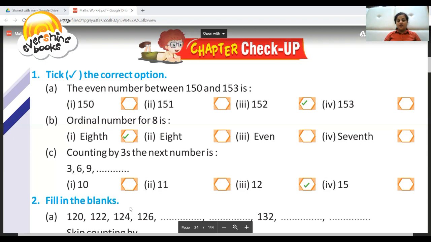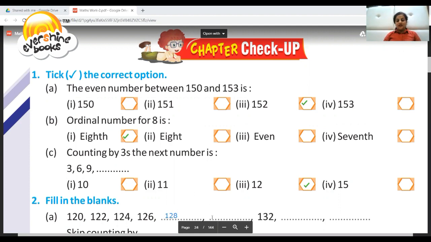120, 121 is left. 122, 123 is left. 124, 125 is left. 126, 127 is left. And we are supposed to write here 128. Yes, 128.